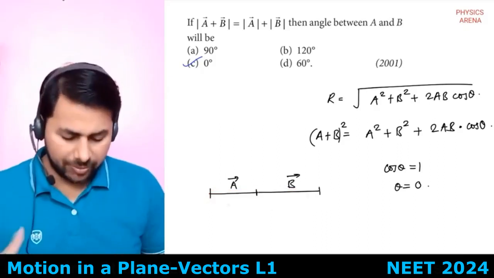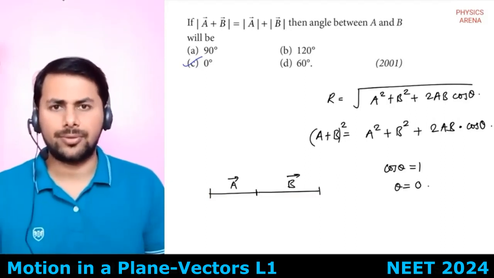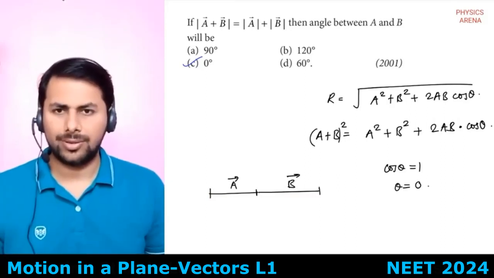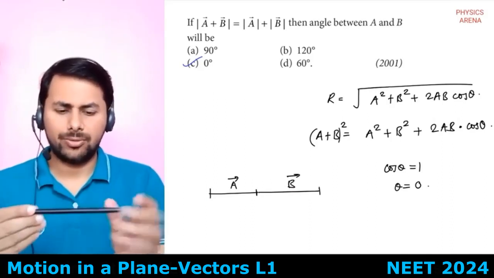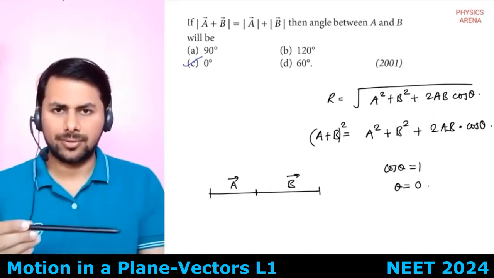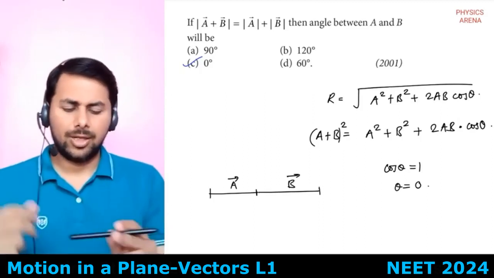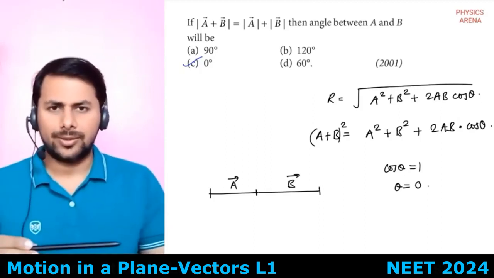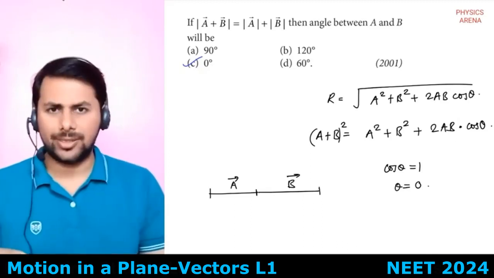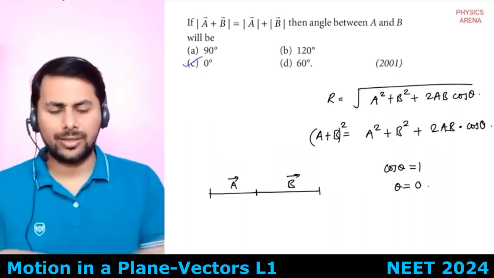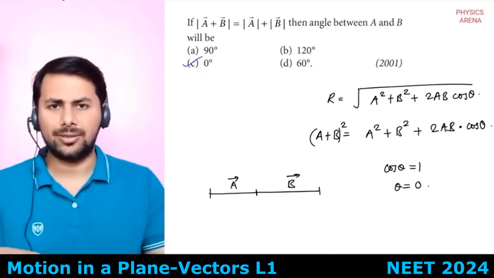It can be done in this way only if the angle between them is 0. If you put two lines having some lengths, the total length or length of the resultant will be equal to length of first one plus length of second one only when they are kept in a straight line.